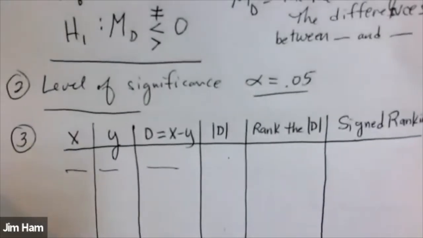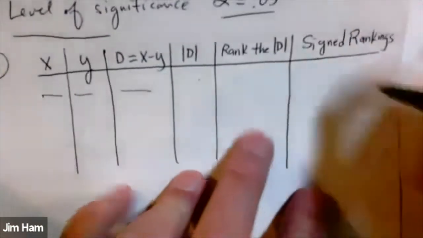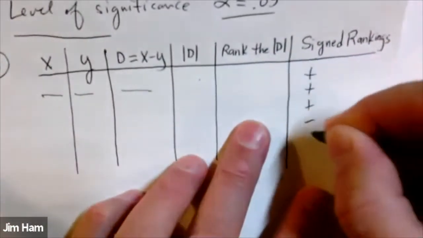So we're actually going to assign signs, plus or minuses, to the ranks 1, 2, 3, 4, 5. If there's 12 data values, you're going to have the ranks 1, 2, 3, 4, 5, 6, 7, 8, 9, 10, 11, 12 here, unless some differences match, as you'll see. So you're going to have some positives here and some negatives going down.